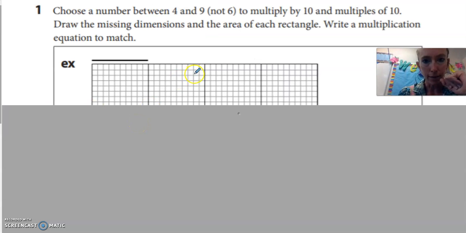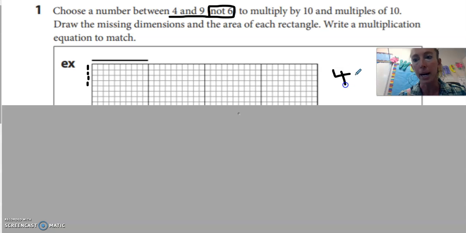So your final activity, you're going to be given a paper that looks very similar to the Explore 6, but now I want you to choose another factor that's not 6. Let's say you choose 4. You're going to go 1, 2, 3, 4, and you're going to do the same thing. Oh, that's a 4 by 10, and that is equal to what?